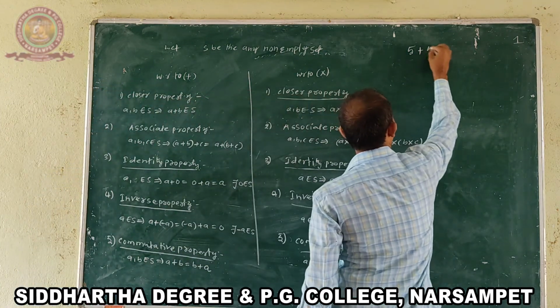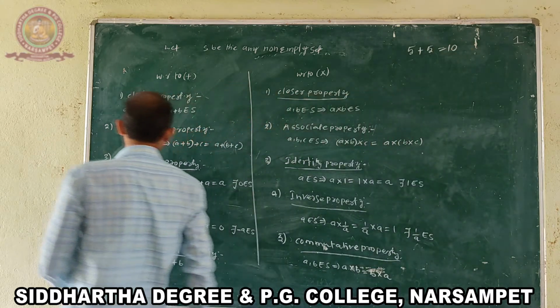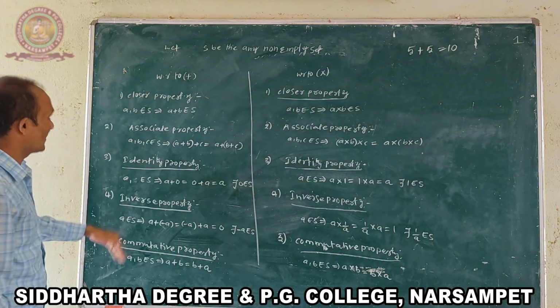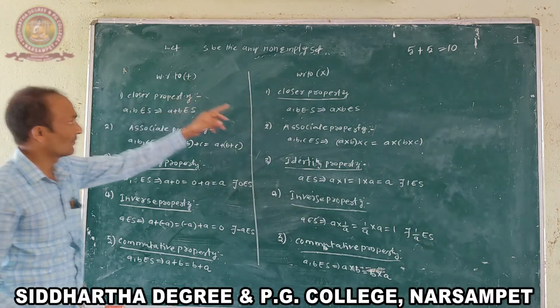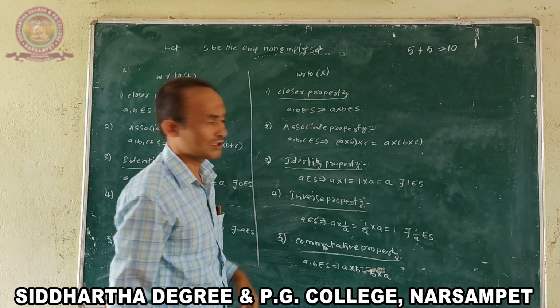Thus totally 5 plus 5 is equal to 10 properties.